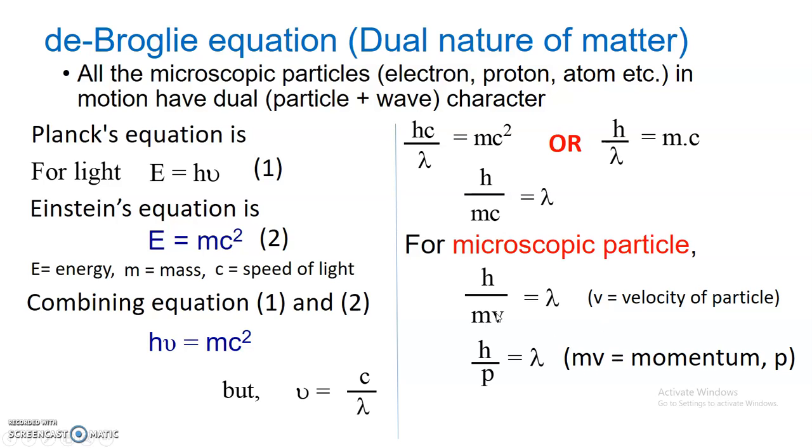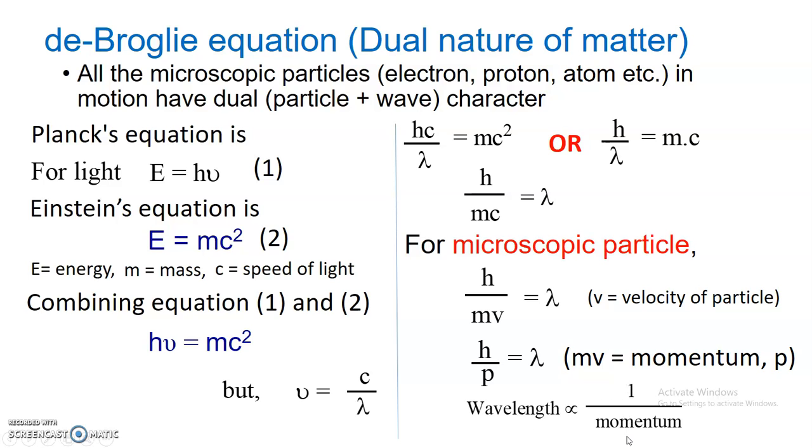Now the product of mass and velocity is nothing but momentum, that is p, and therefore h upon p is equal to lambda. So p is momentum, that is product of mass and velocity, whereas lambda is wavelength. Now this de Broglie equation implies that the wavelength of a particle in motion is inversely proportional to the momentum.